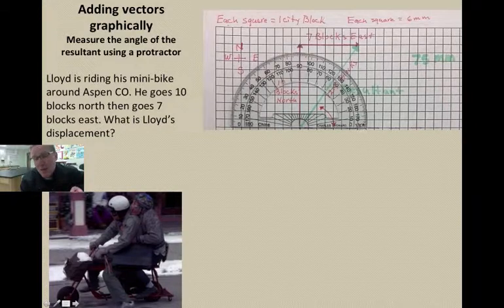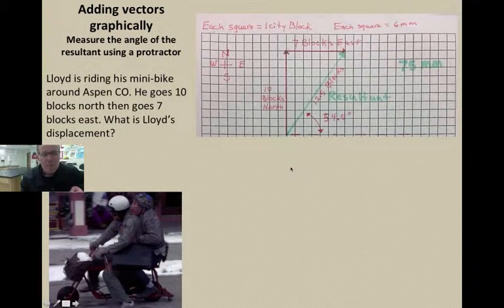So let's say you made that mistake, and your line is at 125 if you use the outside numbers. Well, does that make sense, that this angle would be 125 degrees when we know that a right angle is 90? So it has to make sense. So make sure you're using the correct set of numbers on your protractor.